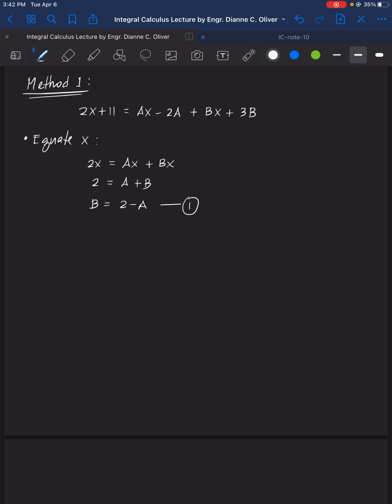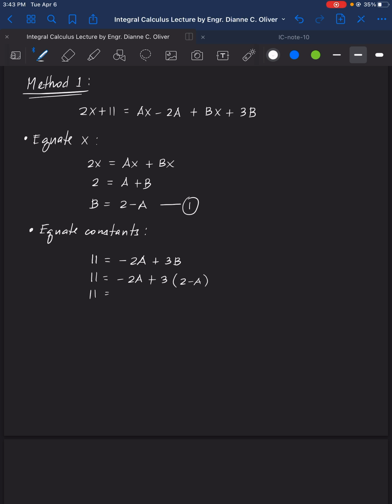Next, equate constants. The constants in this equation: 11 equals negative 2A plus 3B. Substitute the value of B: 11 is equal to negative 2A plus 3 times (2 minus A).